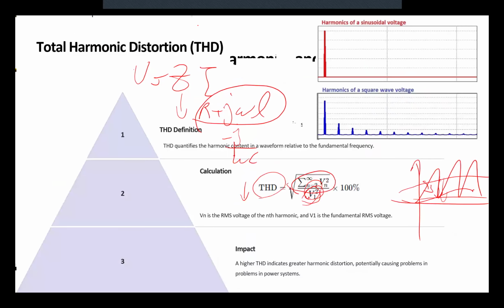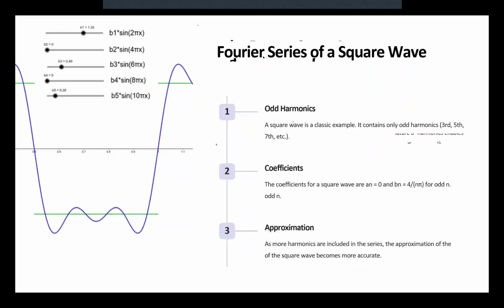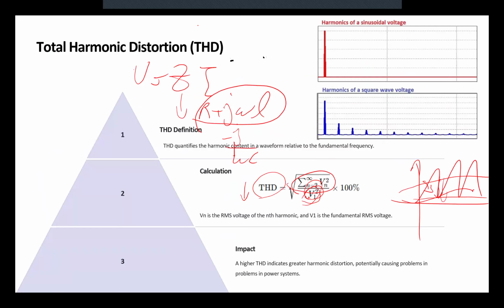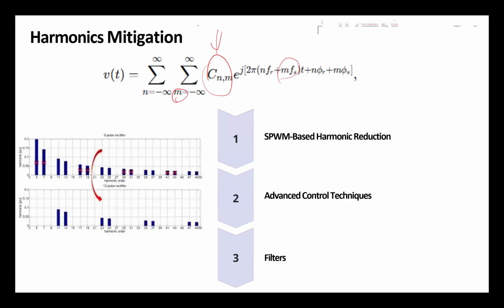I don't know if I have a formula of the... No, I didn't put that here. The formula, you remember that we said the coefficients for a square wave are going to be 4 over n pi times VDC.